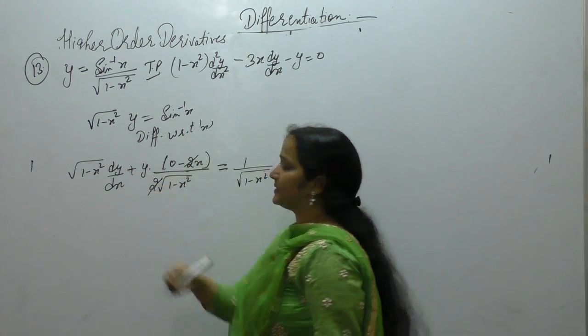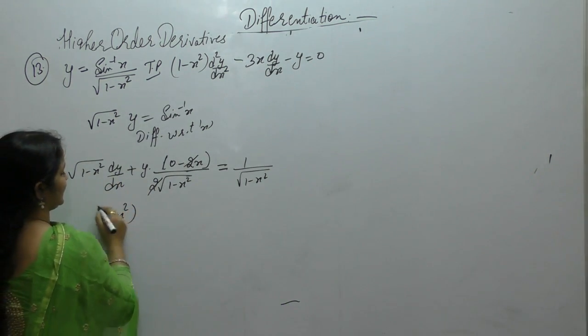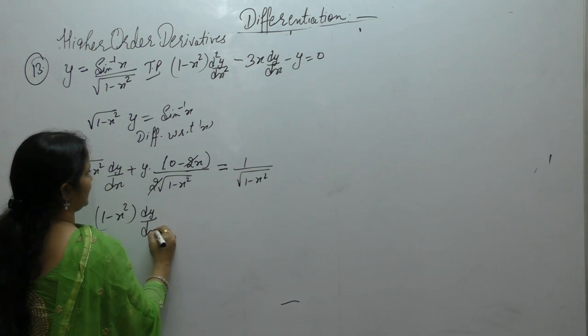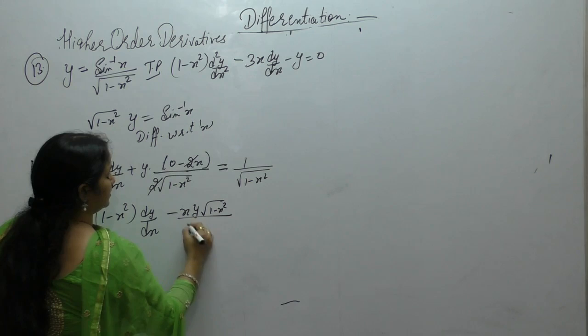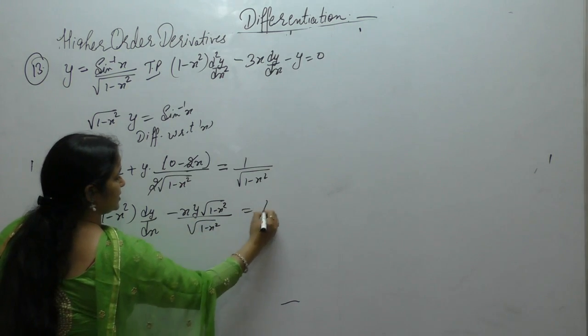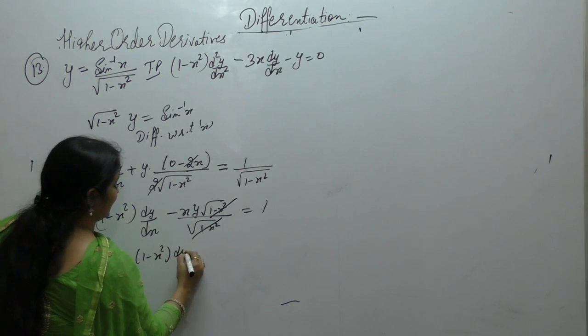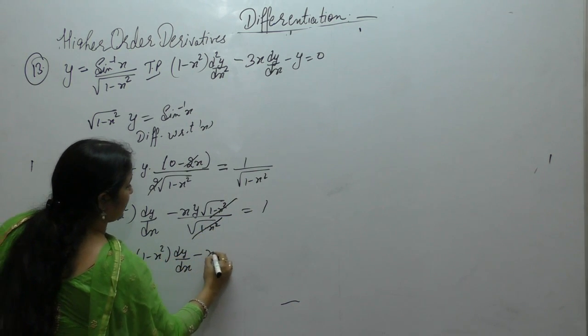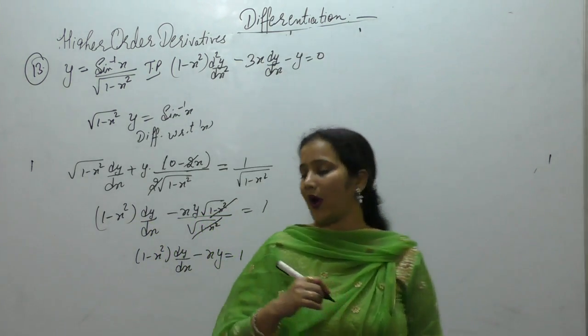Here 2 will get cancelled. Multiply this term here, we get (1 minus x square) dy upon dx minus xy. So this term will get cancelled here. So we are left with (1 minus x square) dy upon dx minus xy is equal to 1.